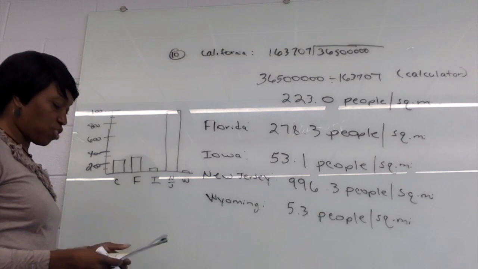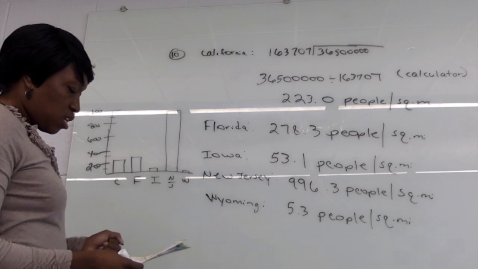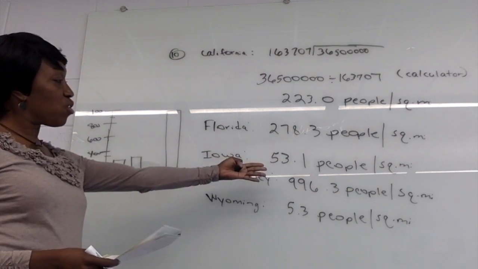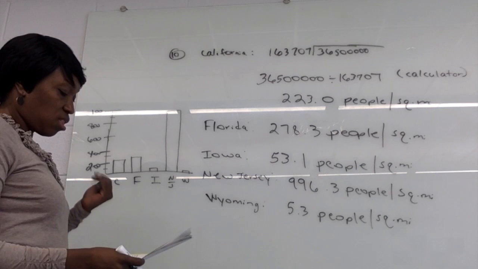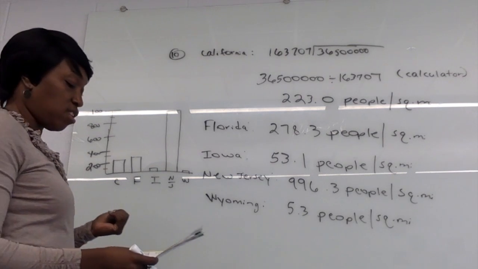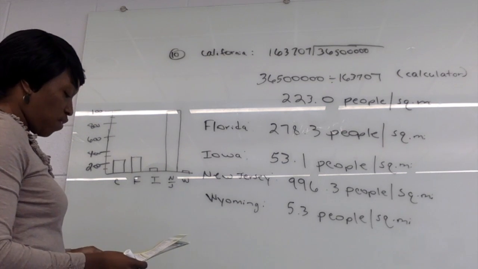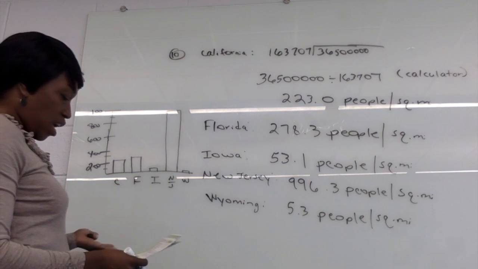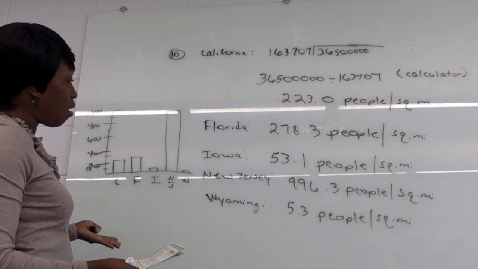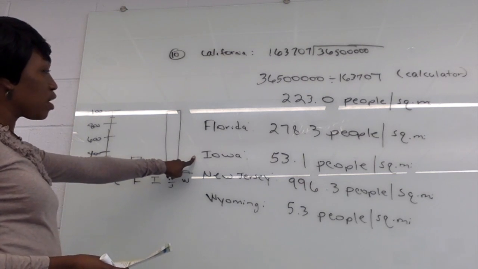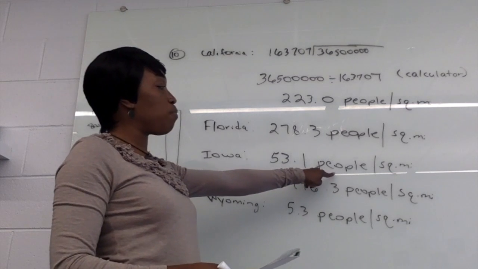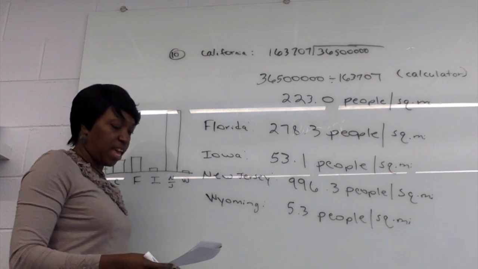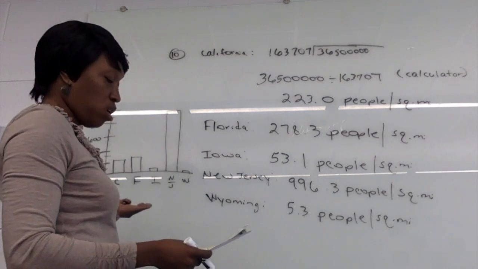Now, part C was just asking to justify without calculating. How could you look at what you have here to calculate Connecticut, if Connecticut has an area of 4,875? Well, what you could do is you're looking at Connecticut and comparing it with Iowa. Iowa has 53.1 people per square mile, and it says here that Connecticut has about the same population as Iowa.